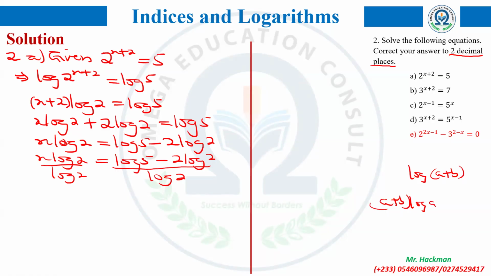You get the point? Assuming log A is X, and I have this, how would you expand this? AX plus BX. So is it not the same?